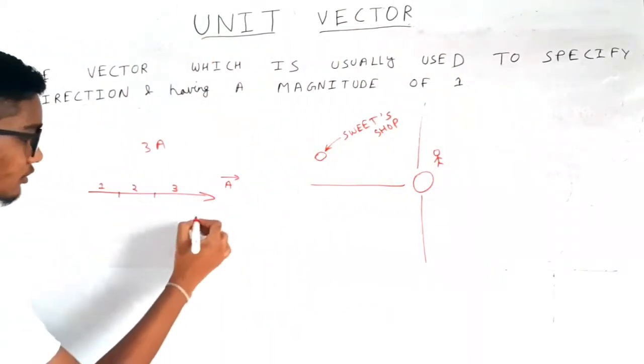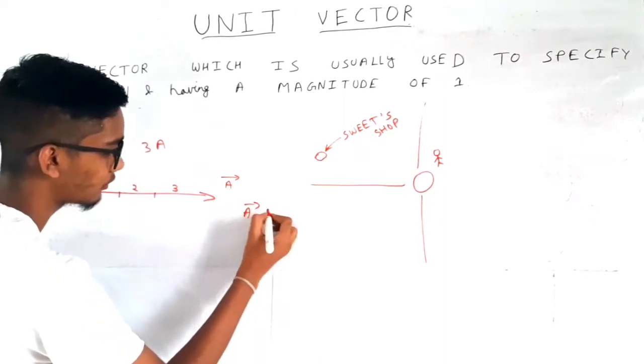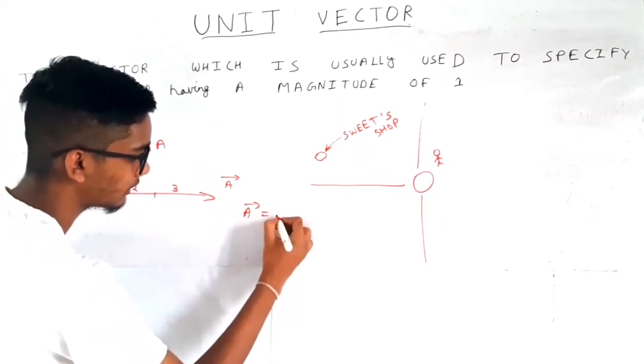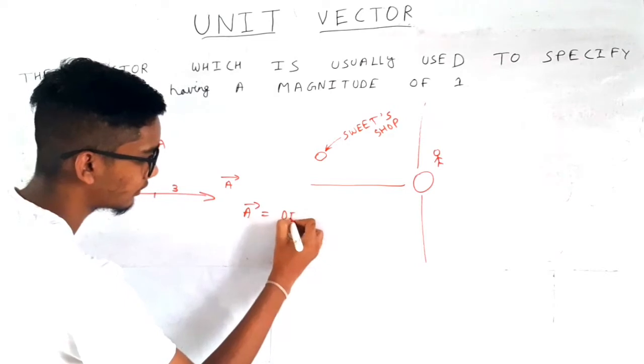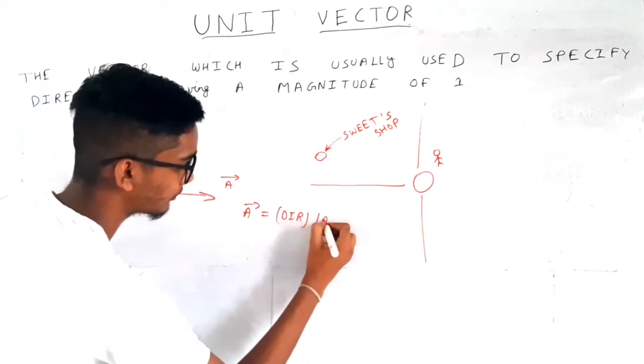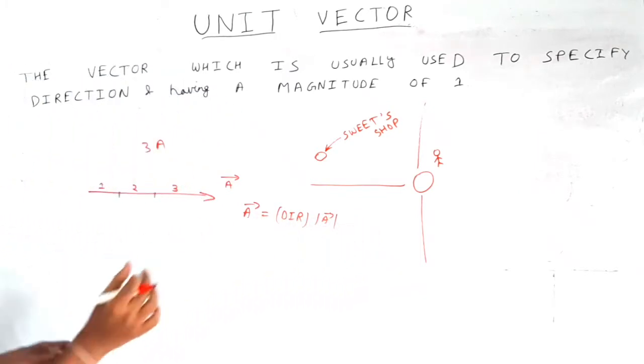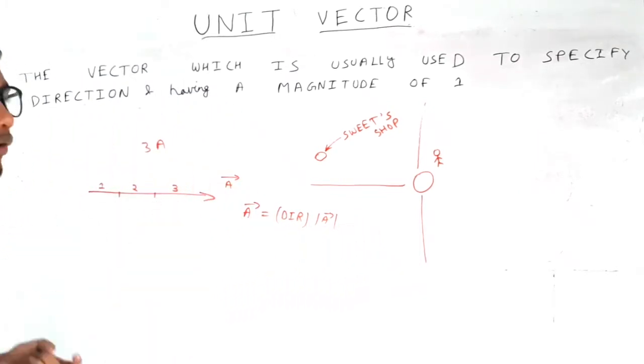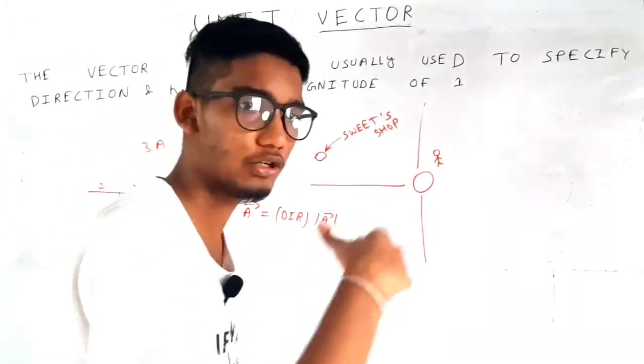A vector consists of a direction and magnitude. So what is the direction of A? How do we know the direction of A?